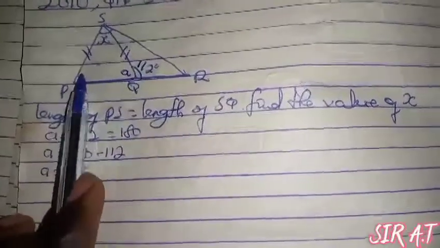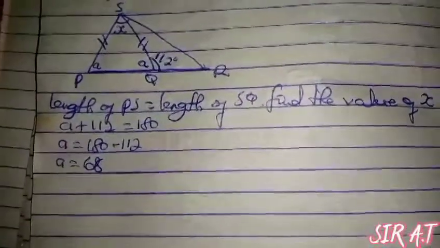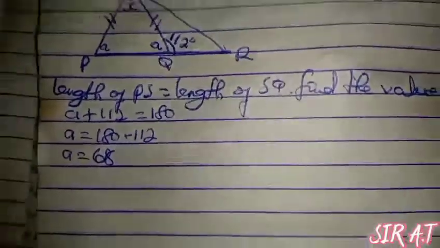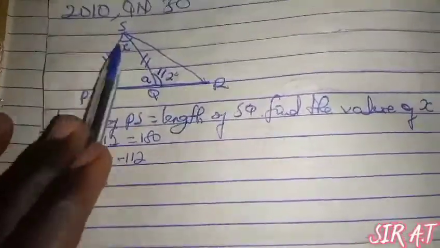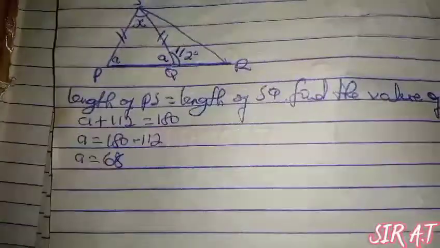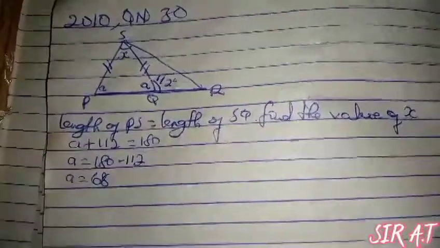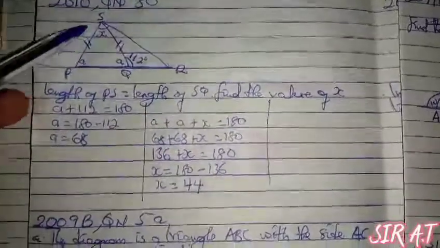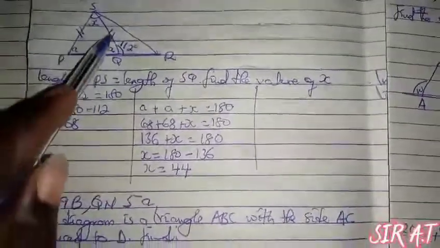So 68 plus 68 plus X is equal to 180 degrees. Or we have learned that the sum of two interior angles is equal to its opposite exterior angle. So you are going to use that rule to solve, and you are going to get the same answer. So you have used the first property, that is the sum of interior angles is equal to 180.